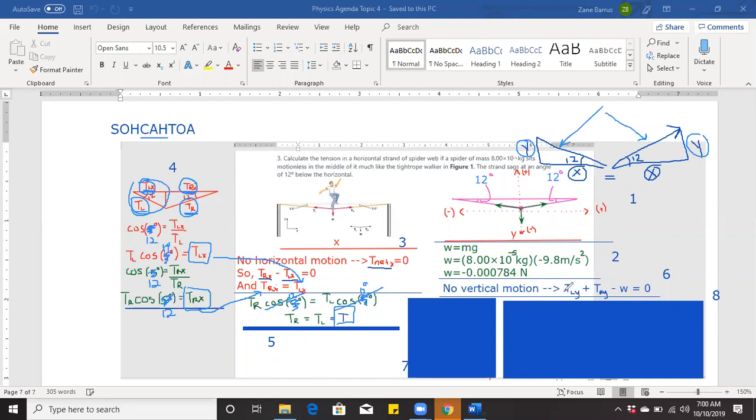If I take TLY, which is the y direction on the left side, and add it to TRY, which is the y component on this triangle, and add that with the spider's gravity, which is W, now remember I'm making W negative because gravity always pulls down, if I add those three forces together, I should get 0 because there's no movement right now.